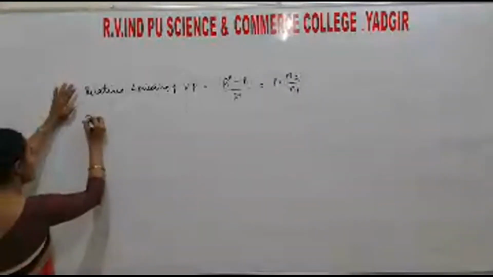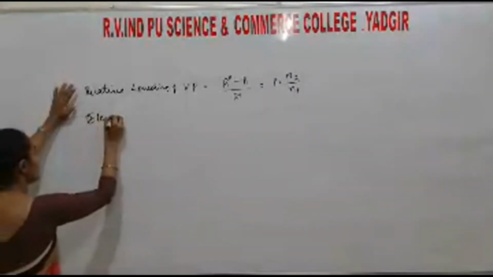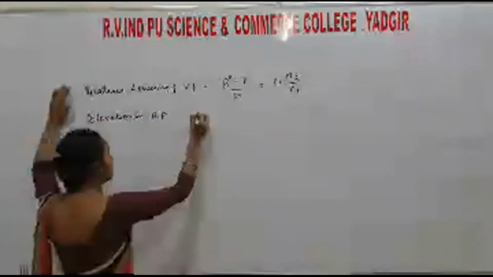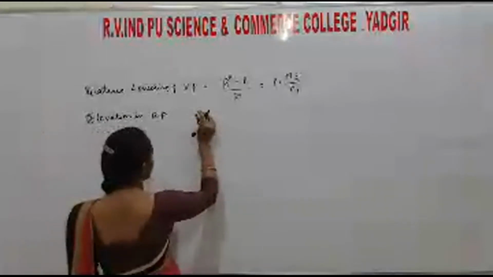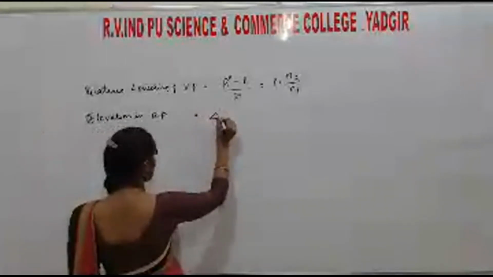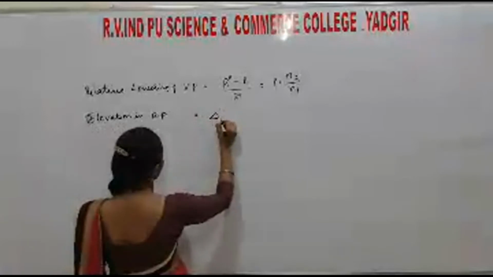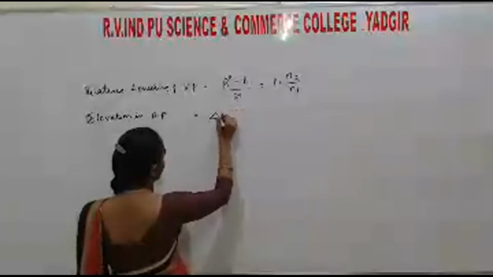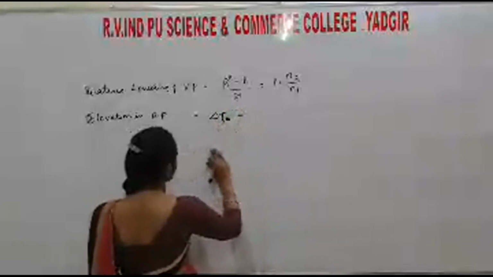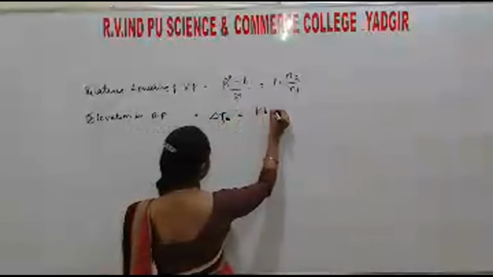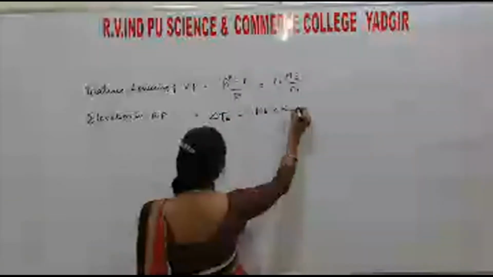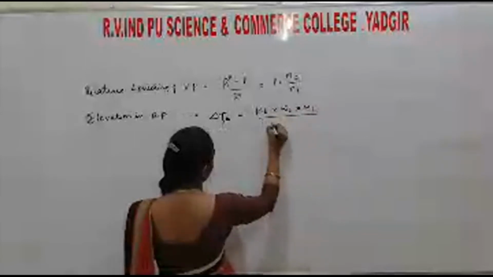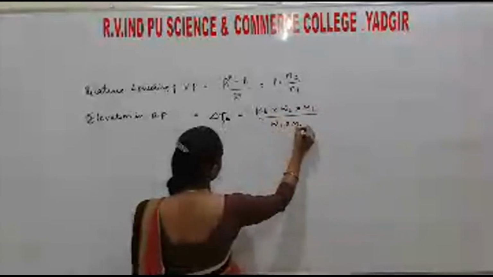Next, elevation in boiling point. Delta Tb is equal to Kb into W2 into M1 divided by W1 into M2.